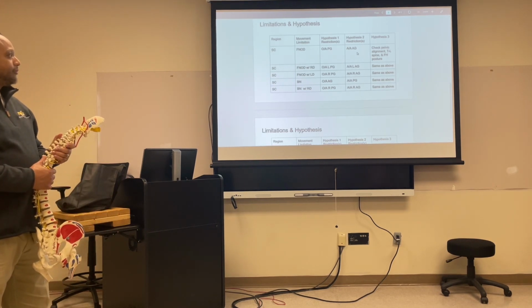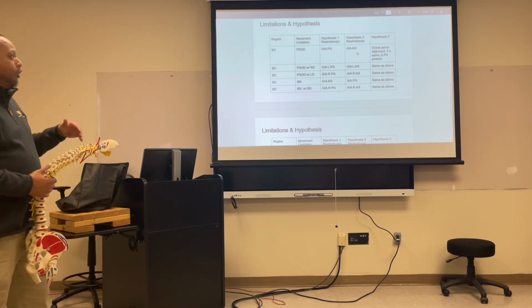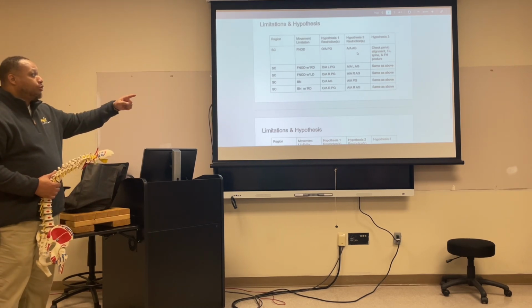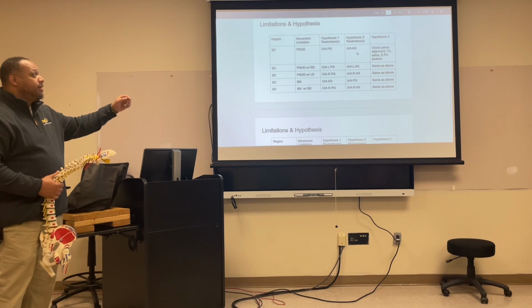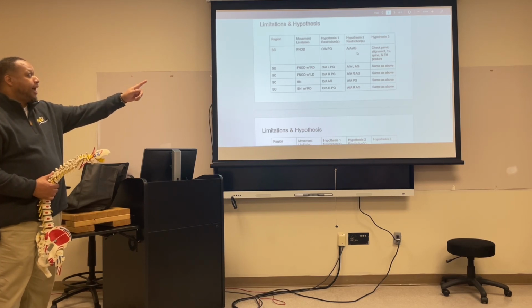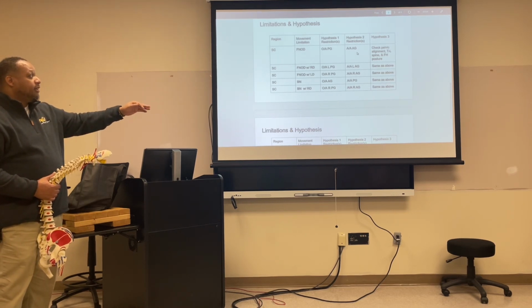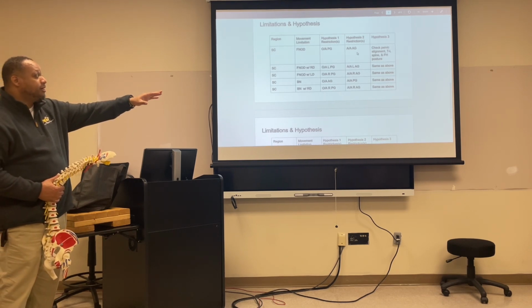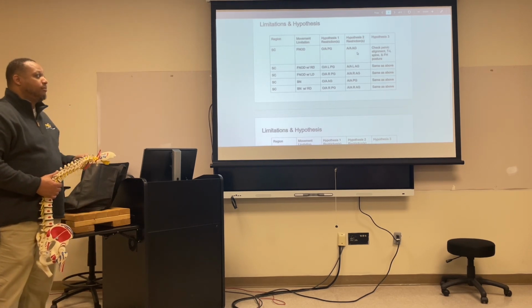All right, this is something you have to visualize. Forward nodding, if I get a left deviation, the right posterior glide of the OA could be restricted as my first hypothesis. And then for hypothesis 2, my right anterior glide of the AA could be restricted.